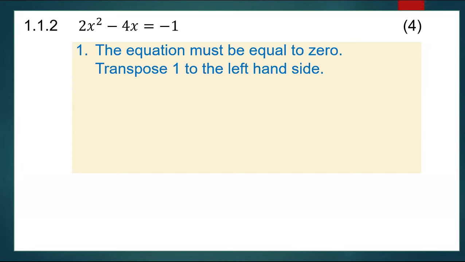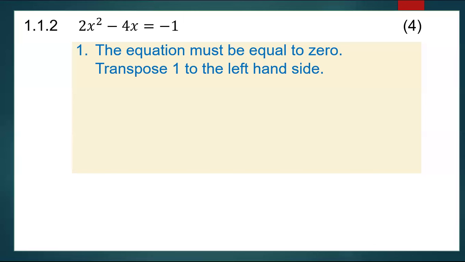Now, as I said, the first step will be to equate this whole equation to zero. And for us to equate it to zero, we'll have to take the negative one and transpose it to the left-hand side so that we can be able to factorize.